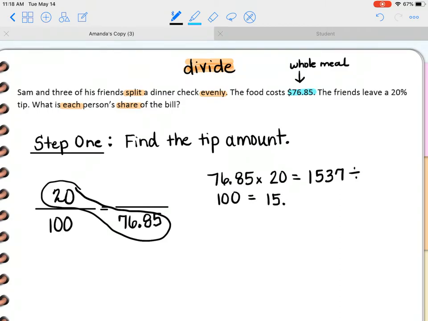So I end up with 15.37, and this is dollars. So there's the tip amount. That's step 1. We found the amount of the tip.